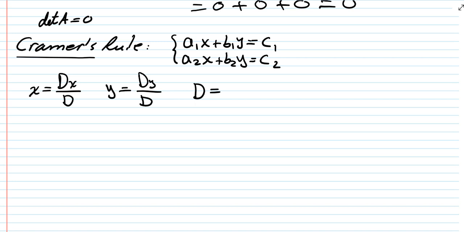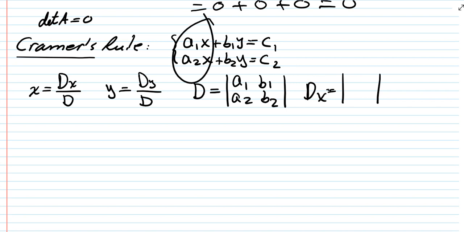The capital D is the determinant of the matrix of coefficients, A1, B1, A2, B2. And dx is the determinant of the matrix that you get by removing the x column and replacing it by the matrix of constants, C1, C2. And there you go. That's what dx is.